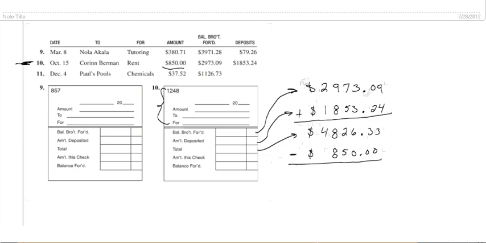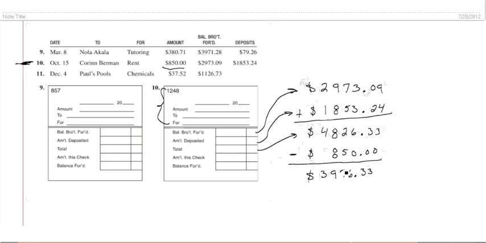And when you do so, we see that the balance forward is $3,976.33. And that would be the balance forward.